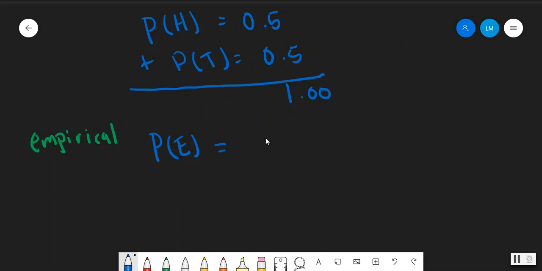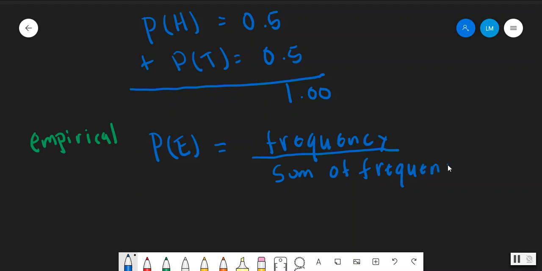Really that's just talking about a frequency divided by the sum of the frequencies. What's interesting about this is that the probability cannot be done using a specific experiment, but it's just based on data.